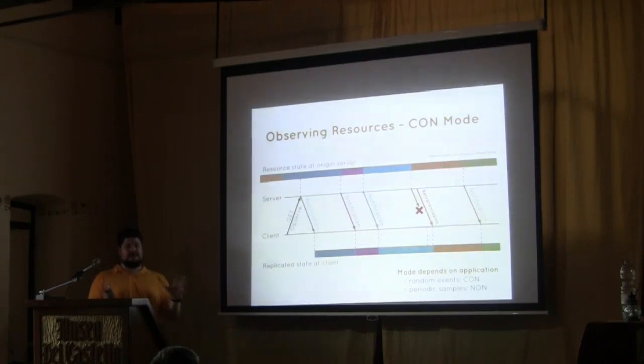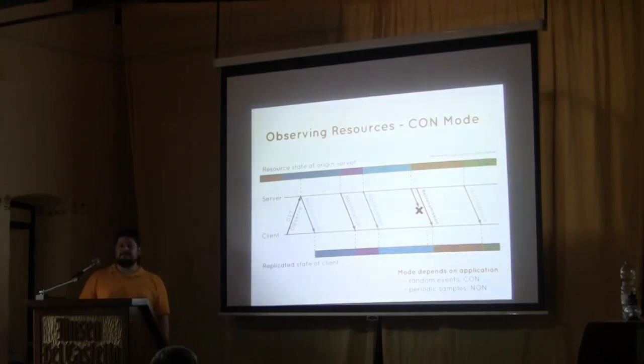Actually, to go a bit more into detail, even if you use the non mode, so you don't care, once in a while you send a confirmable notification to deal with that. Because there could be a lot of observers in there, and if you never hear from them, you don't know whether they are still interested, whether they are still there at all. So once in a while you mix in a con notification and wait for the acknowledgement. And if you don't hear it, you retransmit. If there was no acknowledgement, it's a normal mechanism. And when this finally times out, you remove that observer from your list.